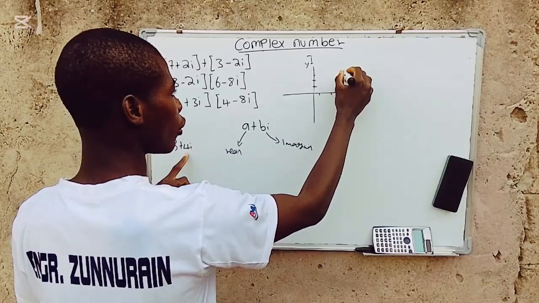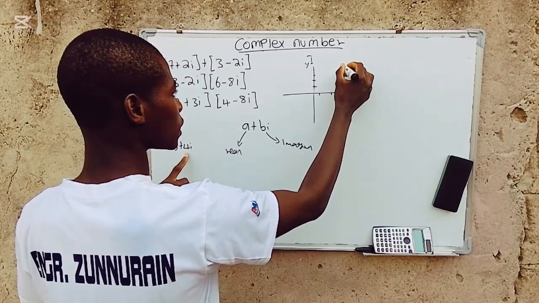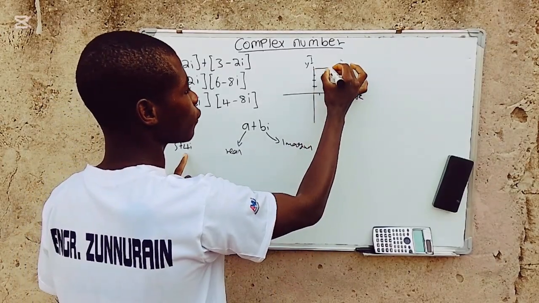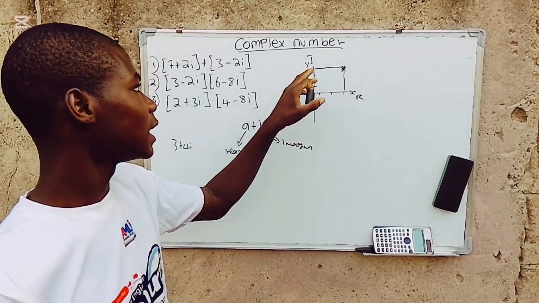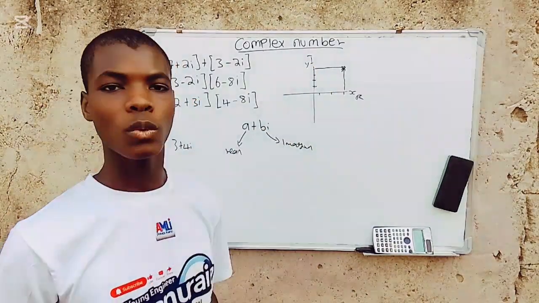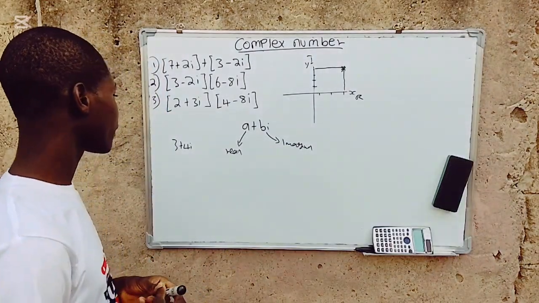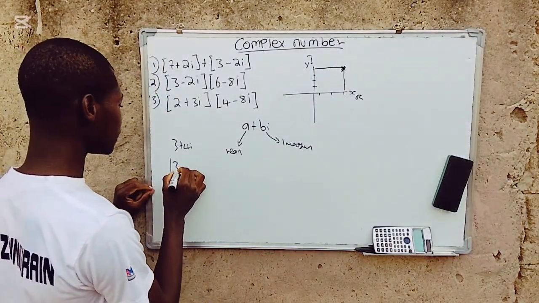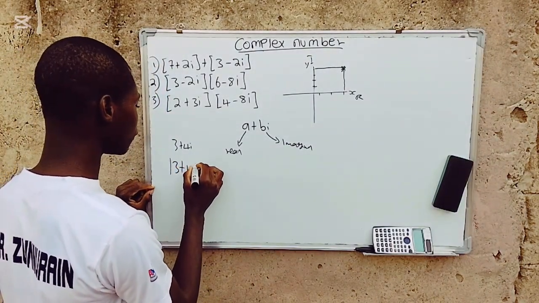Therefore my point will stop here. So this is the point. It indicates that here is the imaginary part, and here is the real part.